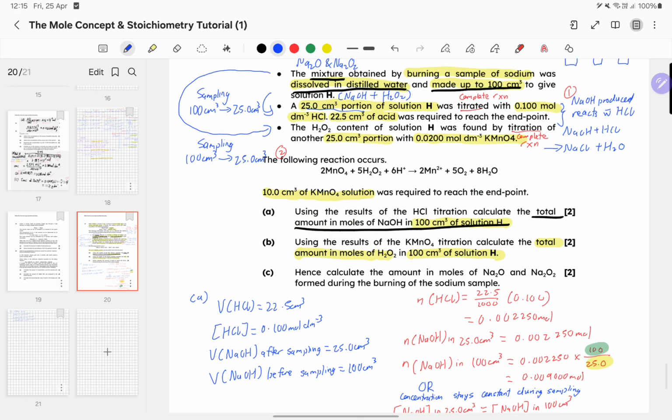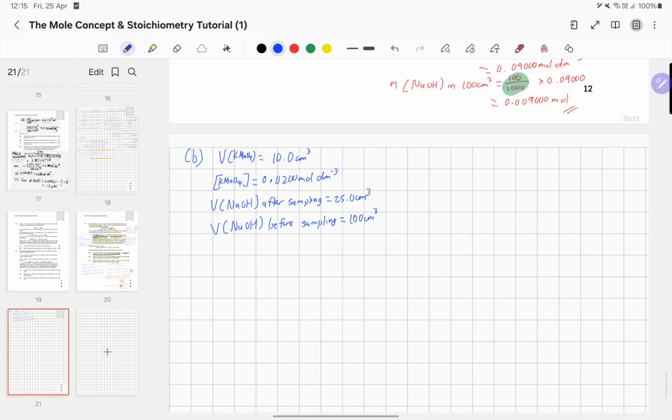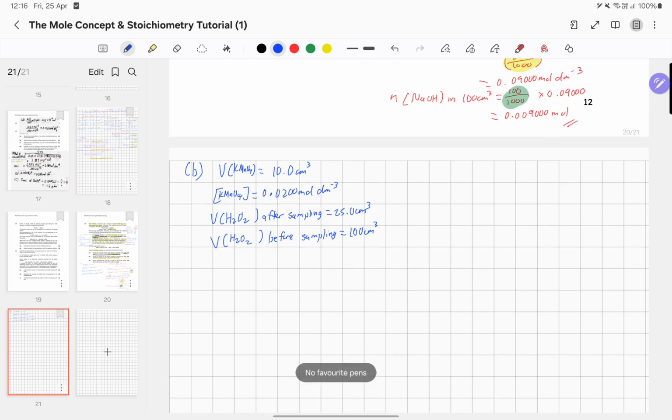And when you check over here, volume of H2O2 after sampling will have been 25.0, before sampling is 100 cm cube.